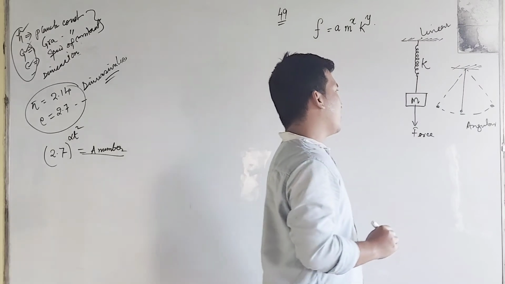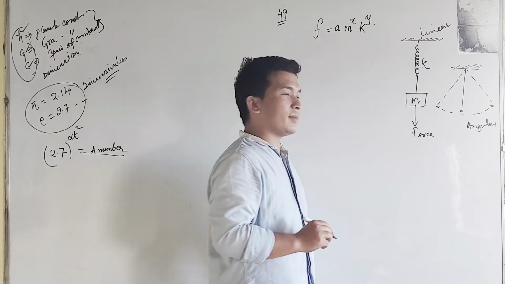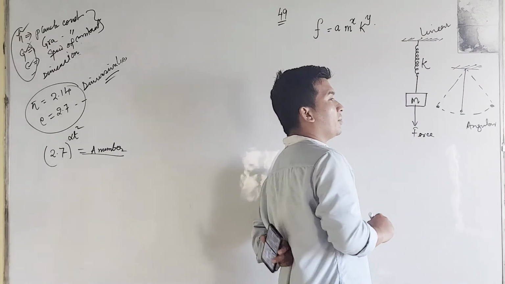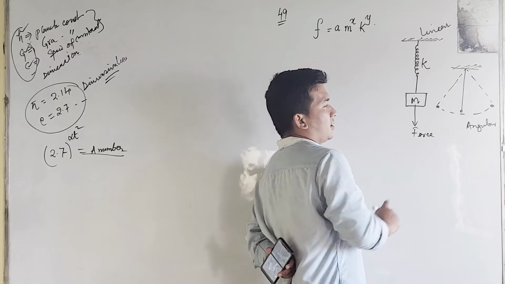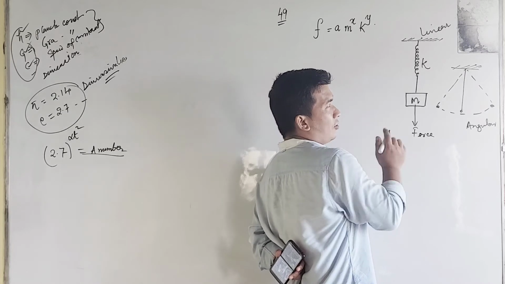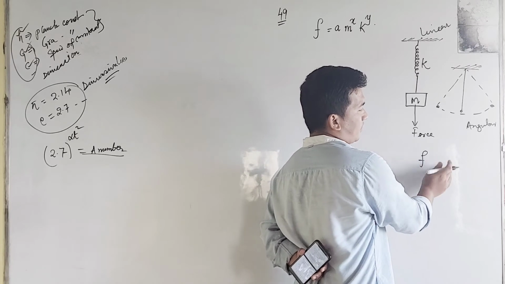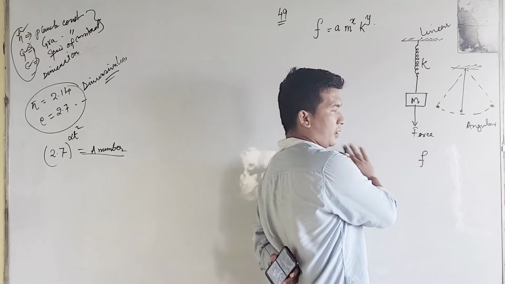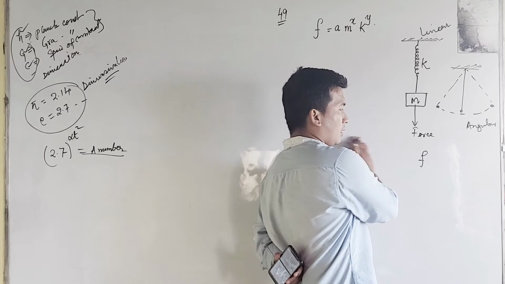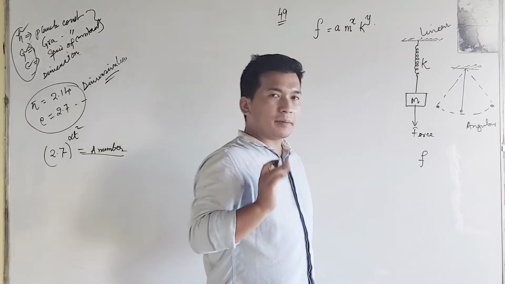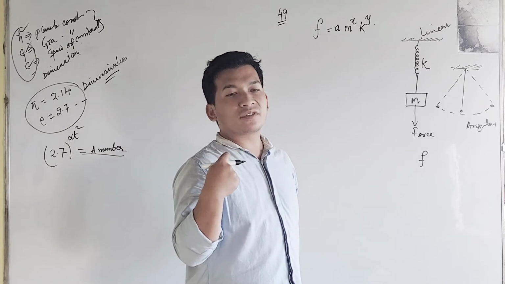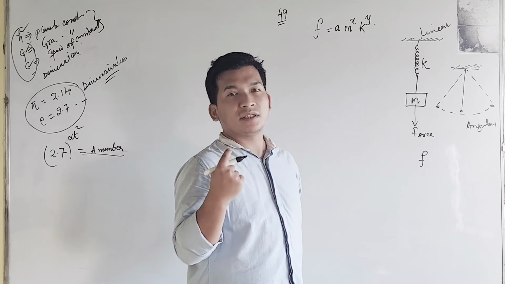And what is the time period and the frequency? What is the formula for time period and frequency? If you are able to remember the expression for frequency, then it will be very easy.